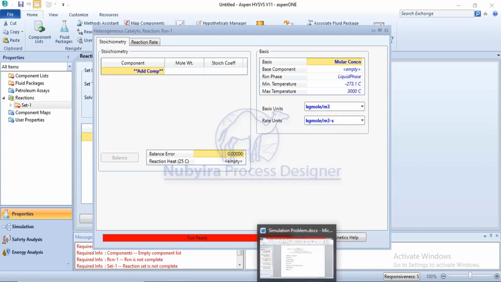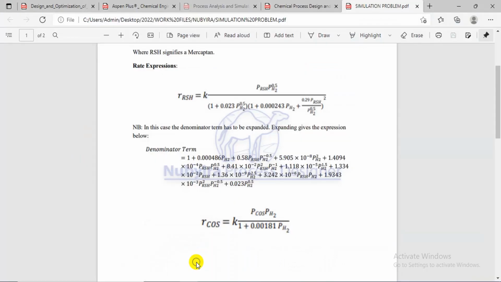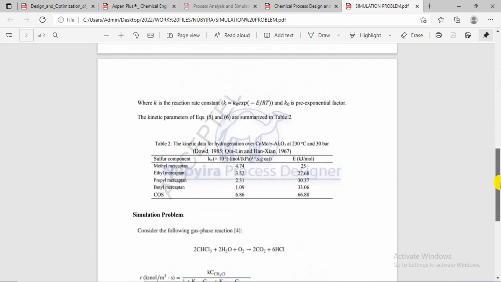So if you go back to that form, now we have RSH is equal to this. Now if you check the table, we have this KO to be with respect to G cat. Now this G cat signifies that the rate basis is based on catalyst weight, right?